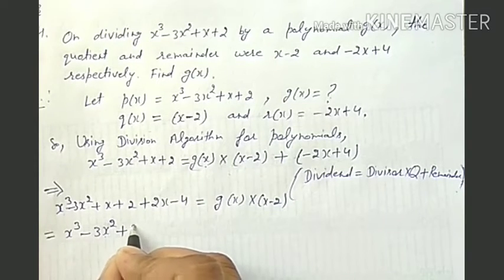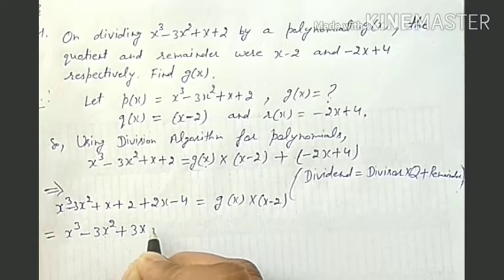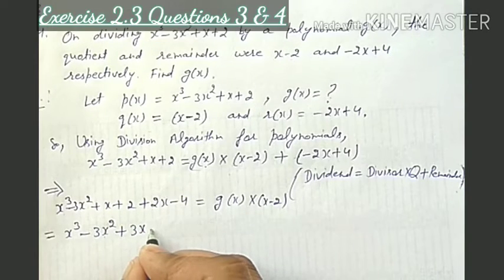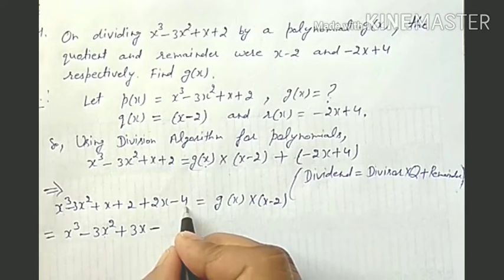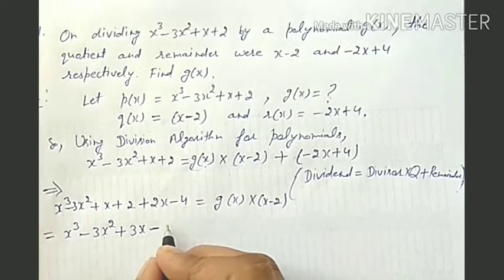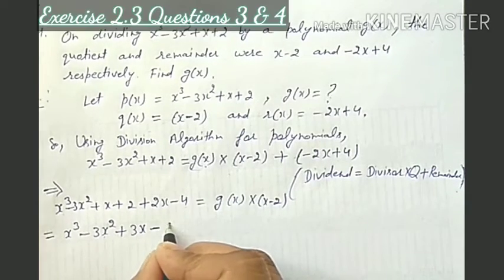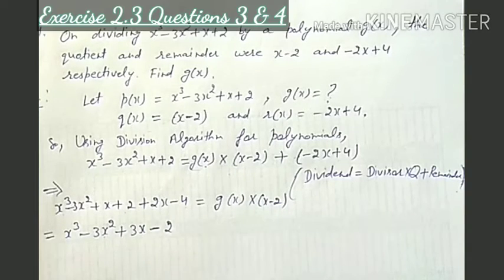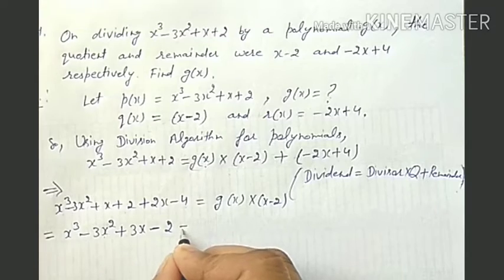So like terms will add and it becomes plus 3x plus 2 minus 4. In addition, sign of bigger number and their difference, means minus 2 plus 4 plus 2 minus 4 is equal to minus 2.